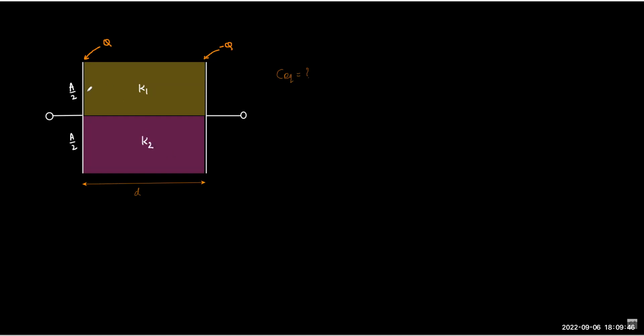It means the charge distribution will change in such a way that E1 above and E2 below. The plate above this line will produce, let's say, E1, and the plate below will produce E2, such that E1 by K1 and E2 by K2 turn out to be the same value.